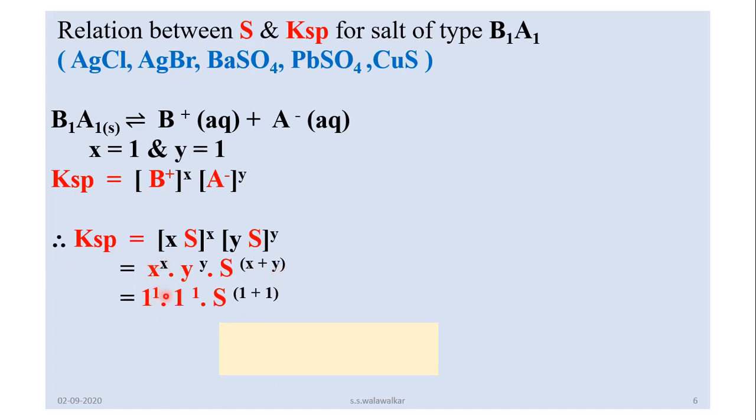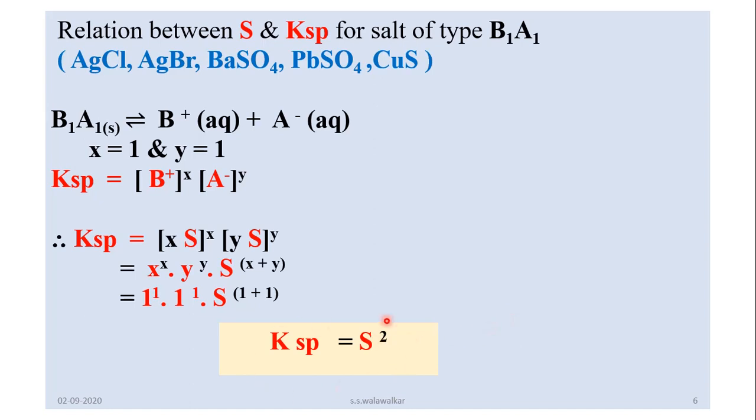So 1 raised to 1 into 1 raised to 1 into S raised to 1 plus 1, X plus Y. So 1 plus 1, and therefore the solubility product, that is Ksp, for B1A1 type of salt is equal to S square. If you rearrange this, then you will get S is equal to square root of Ksp.